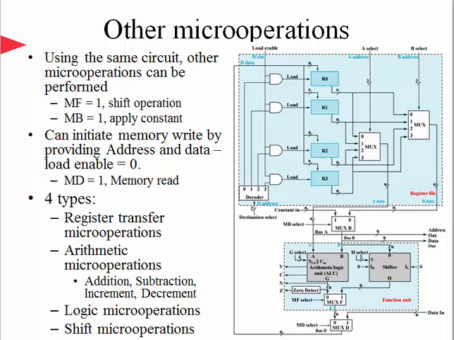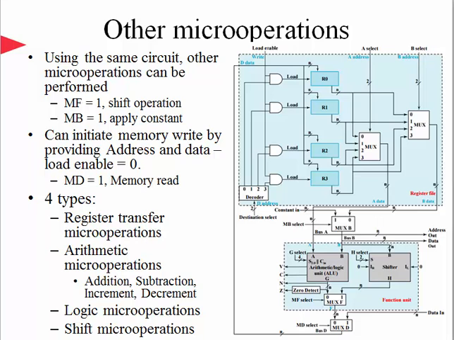There are also other microoperations that can be performed using the same datapath circuit. For example, if you set MF equal to 1, you can shift, or with MB equal to 1, you can apply a constant from outside. You can also initiate a memory write by providing address and data with load enable set to 0, and MD equals 1 for memory read.